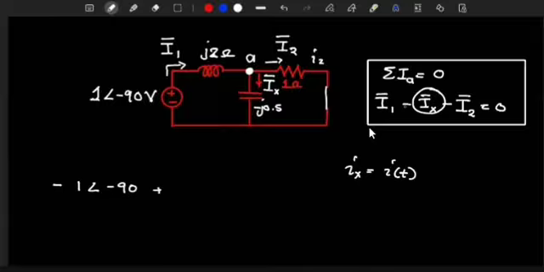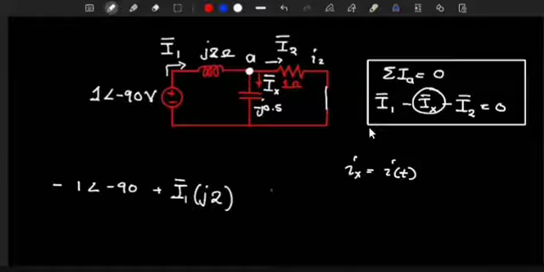Is that right? Yeah. So I'm looping. I've started with the voltage source here. Now I'm going to Z1. For Z1, I need to multiply the current passing, which is I1, times the impedance there, which is J2.